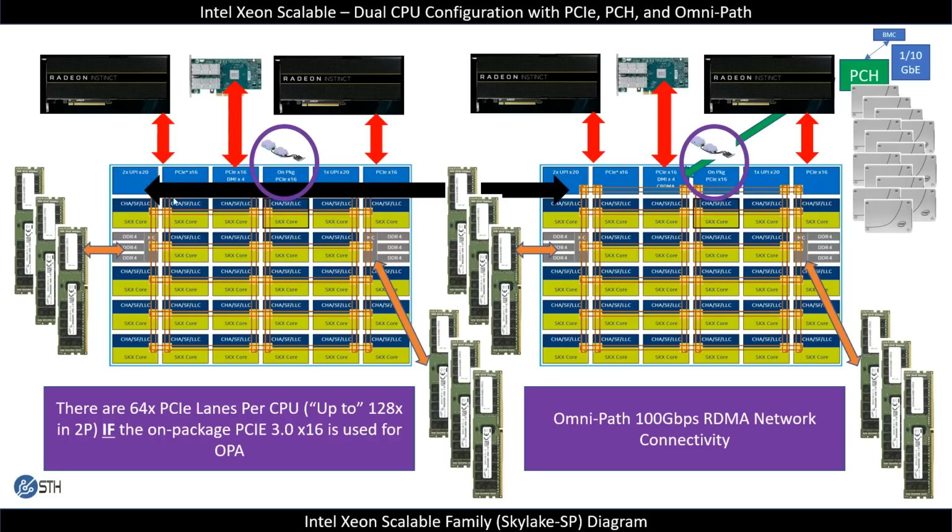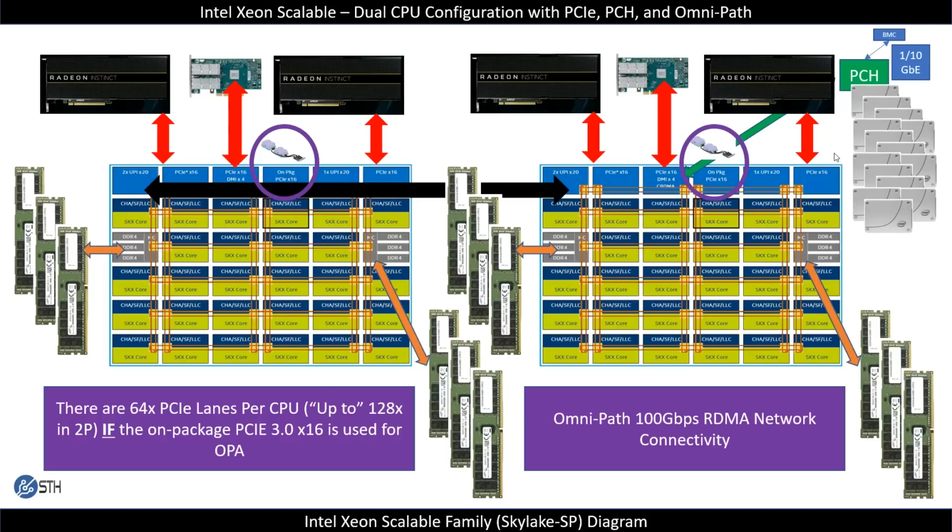And the reason for that is that we now have not 1, 2, 3, but now a 4th PCIe x16 hop. And that means that we actually have 64 PCIe lanes per die. So in a dual socket configuration, you actually have 64 by 2, so that's 128 PCIe lanes.